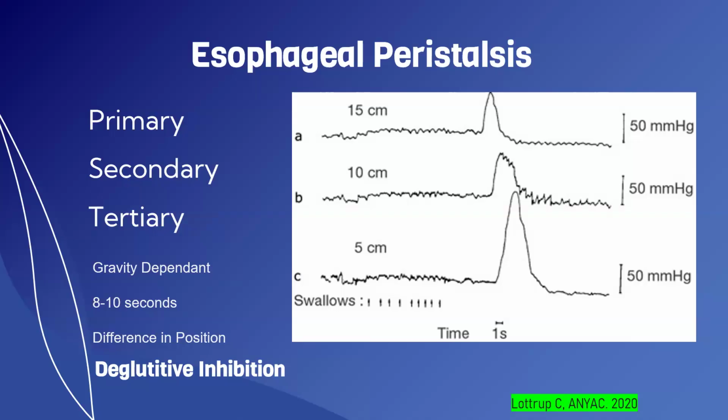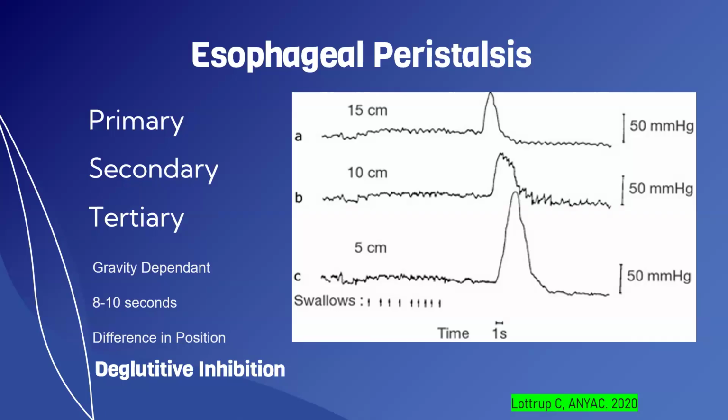And then there is also deglutitive inhibition, which is a swallow evoked peristaltic contraction consisting of a wave of inhibition followed by contraction. So this wave will precede the peristaltic contraction, hence it is called deglutitive inhibition. This deglutitive inhibition is essential for drinking fluids when we take multiple swallows in rapid succession, and the esophageal body remains inhibited until the last of the series of swallows.